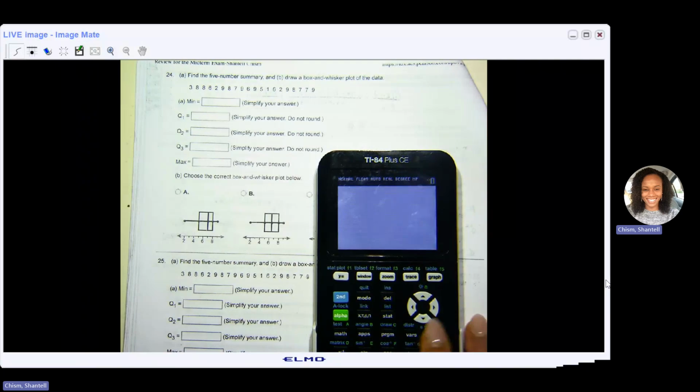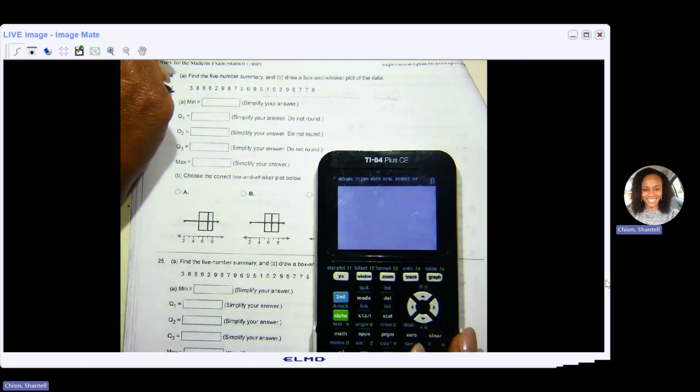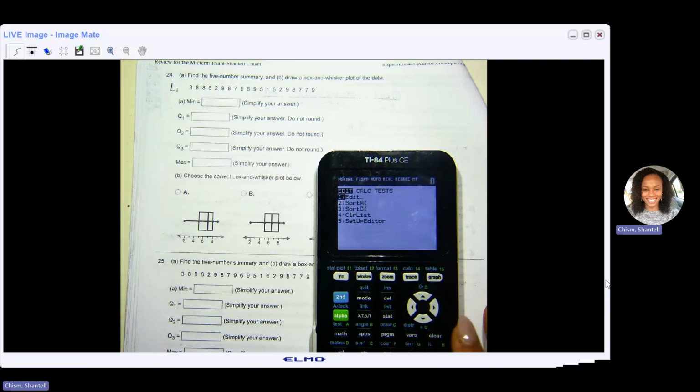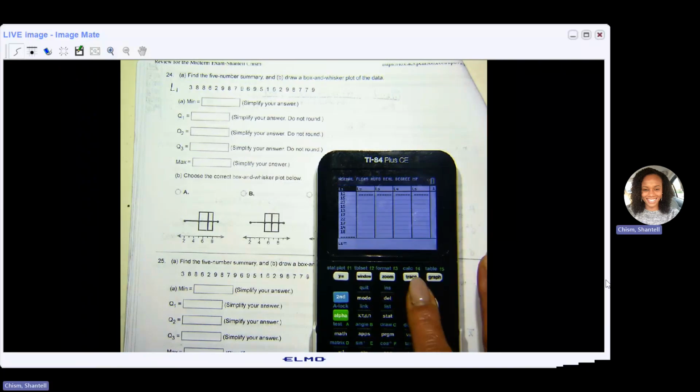With number 24, we're going to put the data in list 1. So I press stat, edit. Let's go up to the list and press clear, enter, okay?